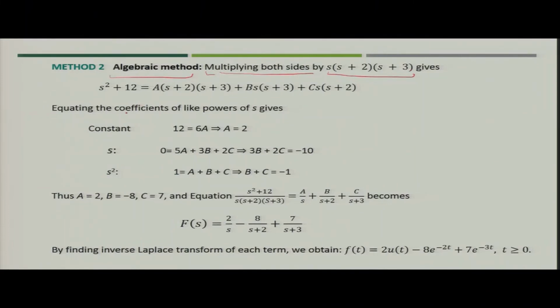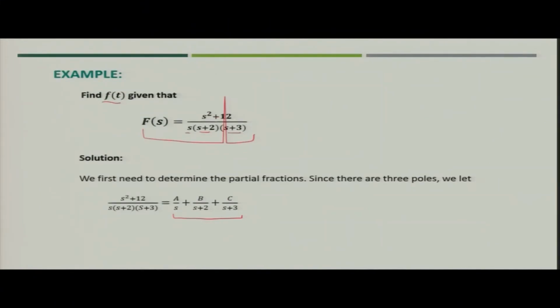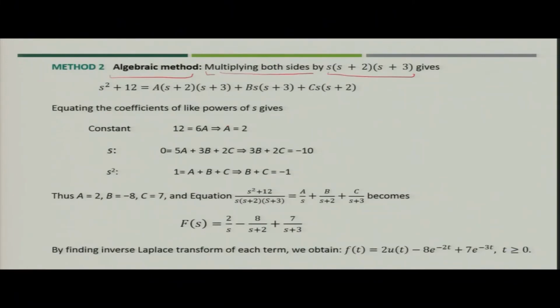If you see the expression here, s square plus 12 is in the numerator, and in the denominator we have s into (s plus 2) into (s plus 3). If you multiply both sides by this, you will say that s square plus 12 is nothing but A into (s plus 2) into (s plus 3) plus B into (s plus 3) plus C into (s plus 2).